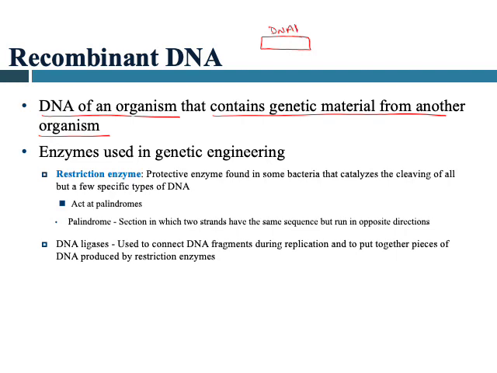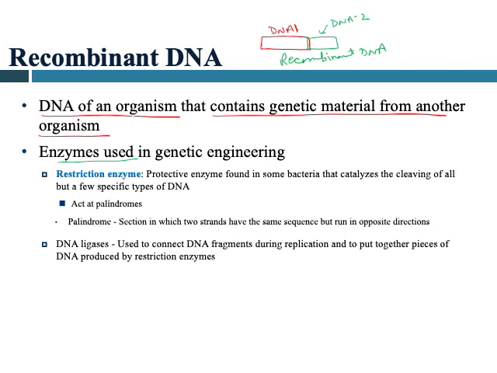If this DNA is combined with another DNA molecule that comes from a second organism, we call this recombinant DNA. And we need to use some enzymes to ligate, or add, this second DNA to the original DNA. So what's the process?